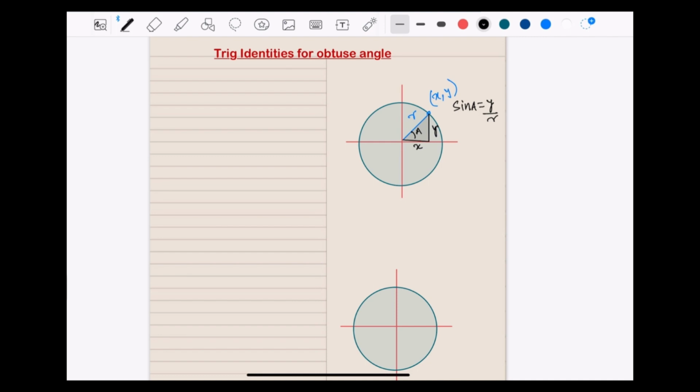Now the circle has dynamics in such a manner that if this point revolves and reaches this point somewhere here, so let me draw that out. So if this is r again, it will have the same y and same x.